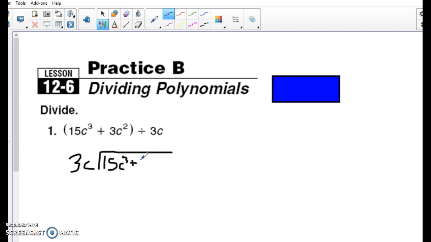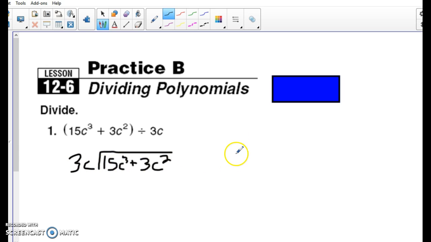So 15 divided by 3 is 5. And c to the third divided by c, I end up with c squared. Then if I divide this other side, 3c squared divided by 3c, I just end up with a c.